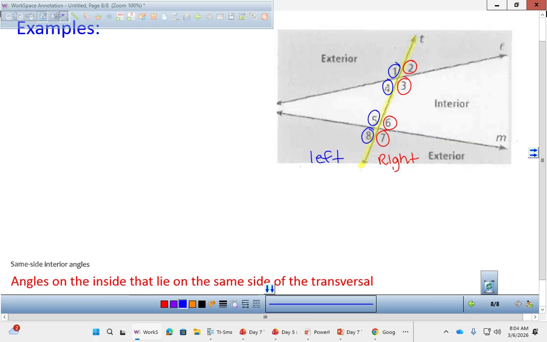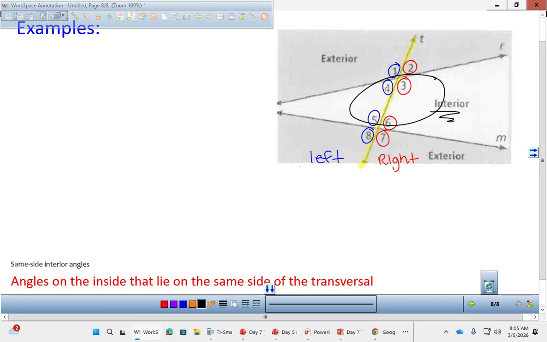So when I think of my two lines being horizontal like this, I think of like a hamburger, right? So think of like these two lines are the bun. Your inside is the meat because it's on the inside of the burger. Your outside is the bun. So my inside angles are these ones in here. It says interior, right? So this is my interior angles. So they need to be on the same side and on the inside.